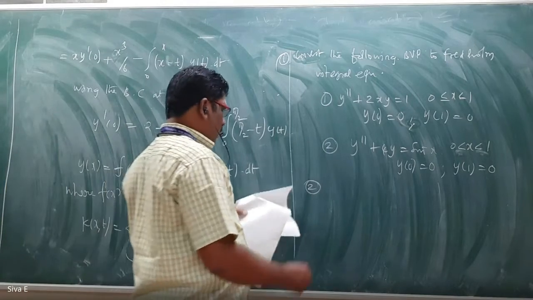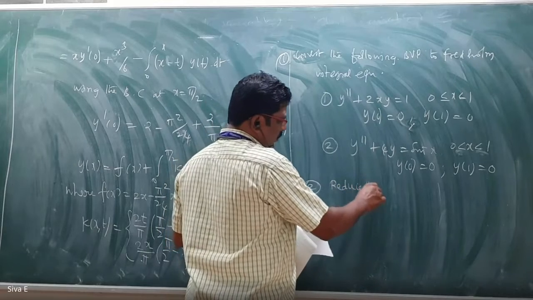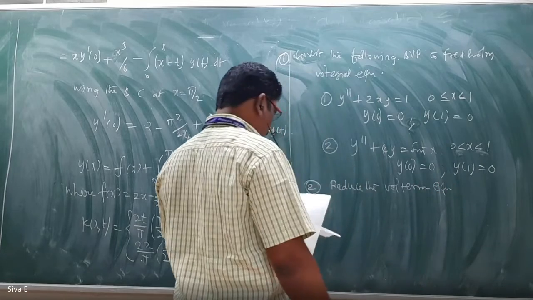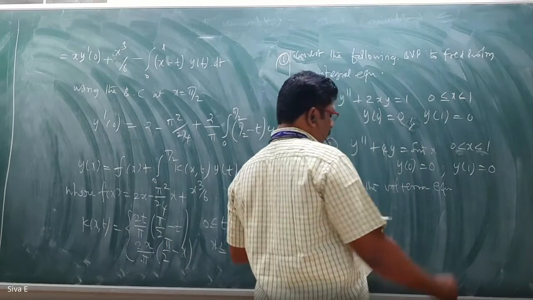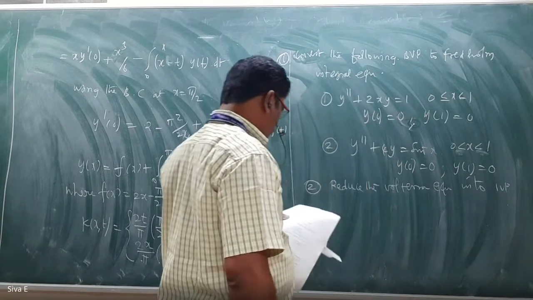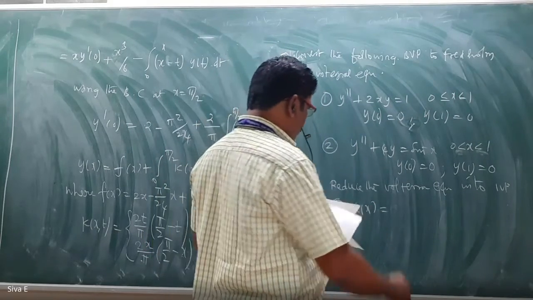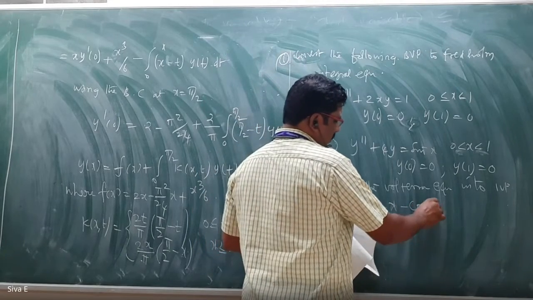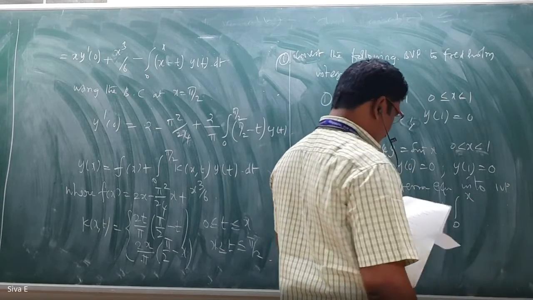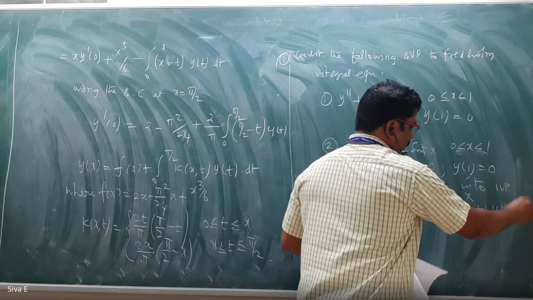Reduce the Volterra equations into initial value problems. 1: u of x equal to x minus cos x plus integral over 0 to x of x minus t u of t dt.